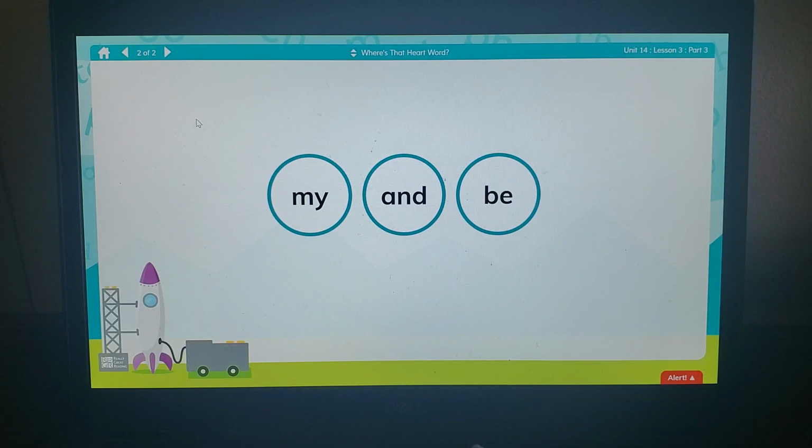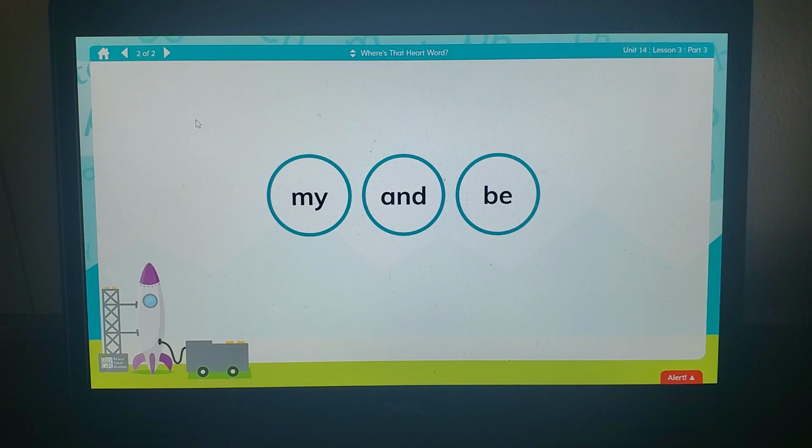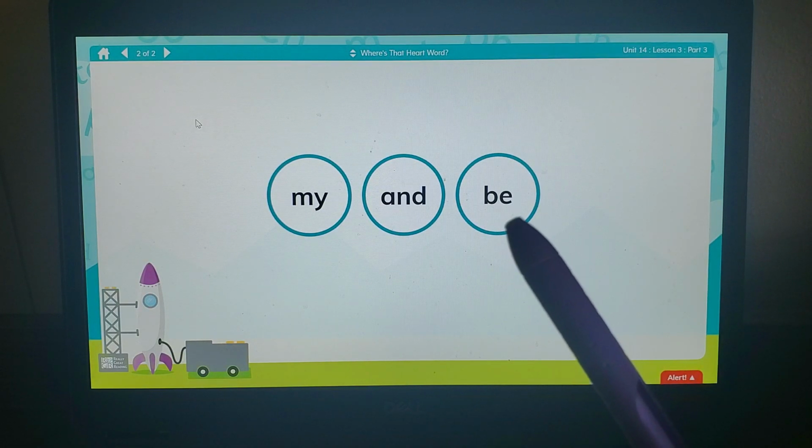Which word is at the beginning of the row? My is at the beginning of the row. Which word is at the end of the row? Be is at the end of the row.